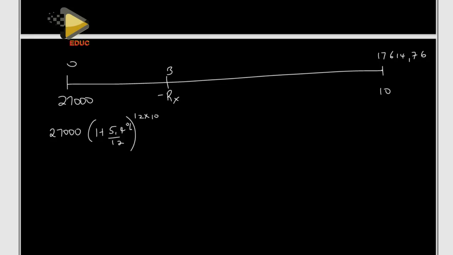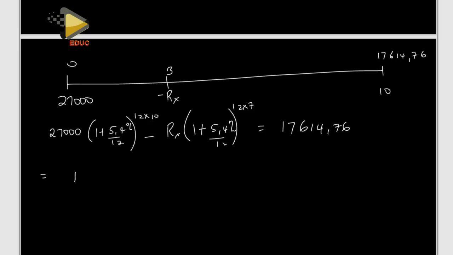Then since this was a withdrawal, I'll subtract x, 1 plus 5.4% over 12 to the exponent of 12 times 7. This must give us 17,614.76.